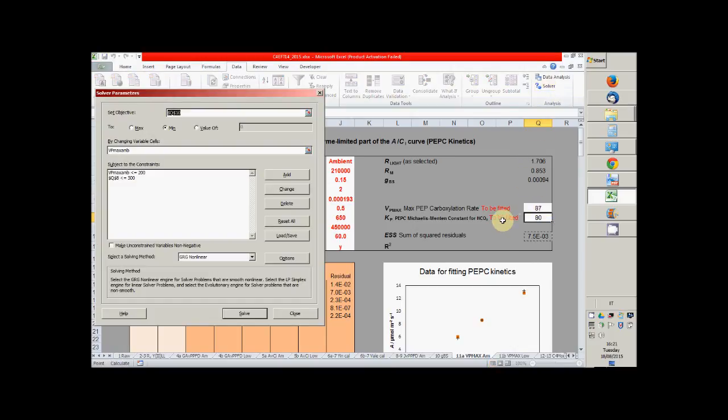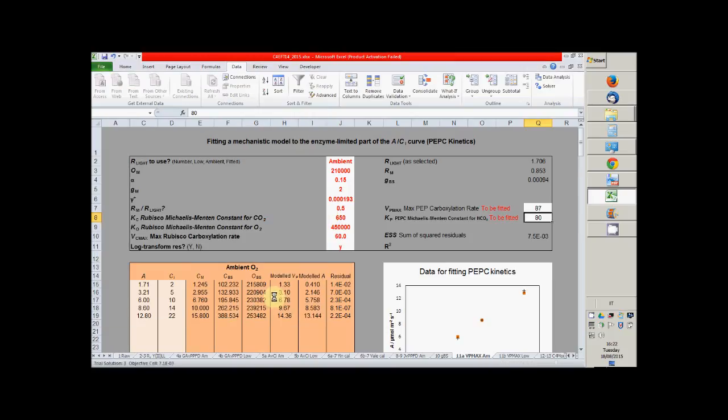So we may open Solver, set the objective cell Q10, which is the sum of the square of the residuals, and then add as a variable cell VP max only, and then we may solve. So now this value represents VP max under ambient oxygen.